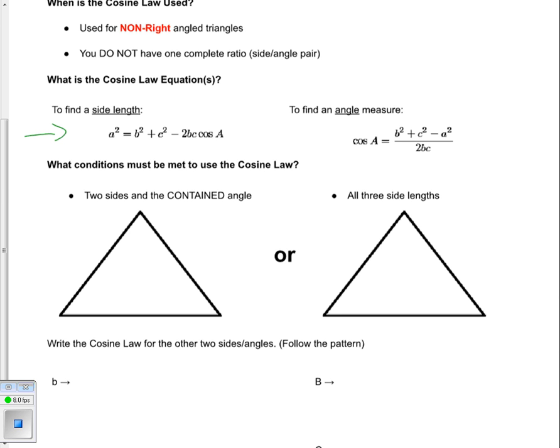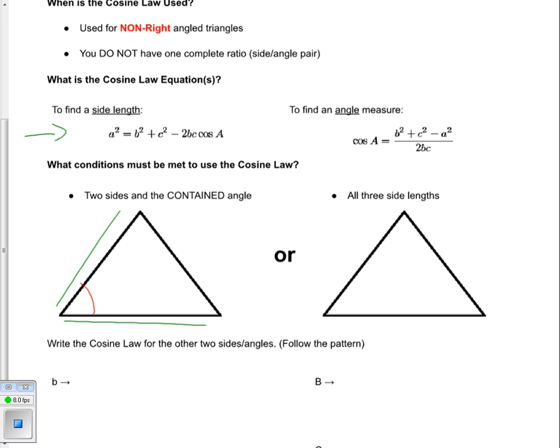And so that situation happens when you're trying to figure out a side length. You have to have a contained angle. So that means that you have to have one angle, and you have to know what that angle is, and you have to have one side length here and one side length here. You have to know the side lengths on both sides.